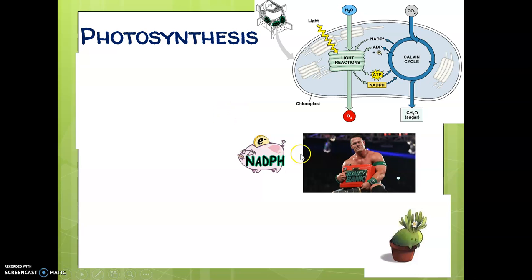So, photosynthesis. We have something called the light reactions and then the Calvin cycle. So in cellular respiration, we had 4 different steps, but here we just have 2. But within the light reactions, there's 2 subsystems within it, so it is kind of like 3, but we'll go over that.